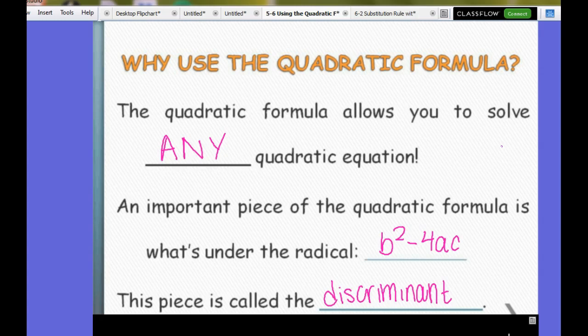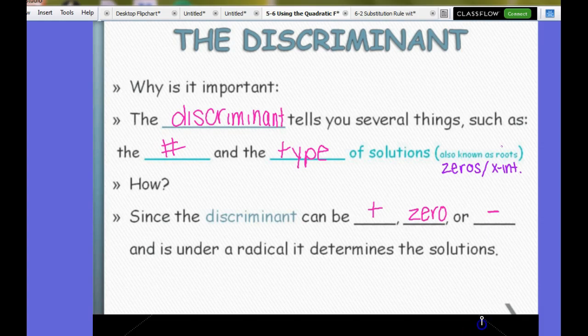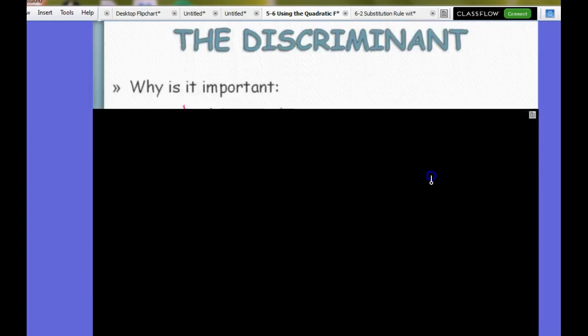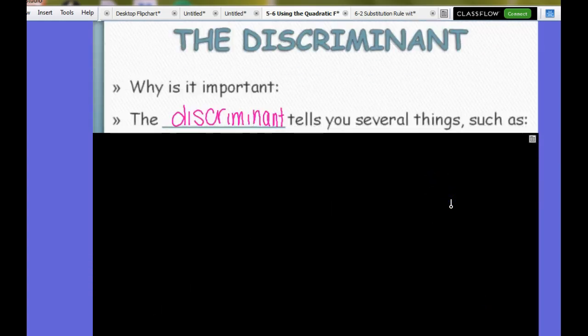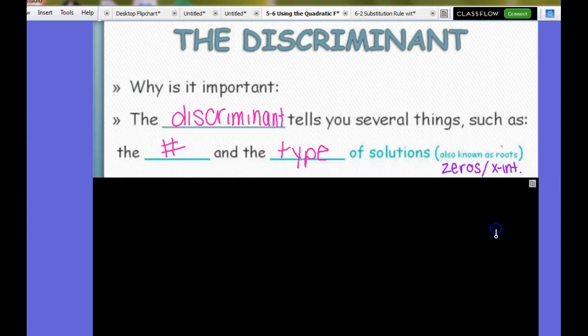Our primary focus of yesterday's lesson was the importance of the discriminant. Reviewing that, the discriminant told me the number as well as the type of solutions. Another word for solutions is the roots. Sometimes we call them the zeros. We can also call them the x-intercepts.